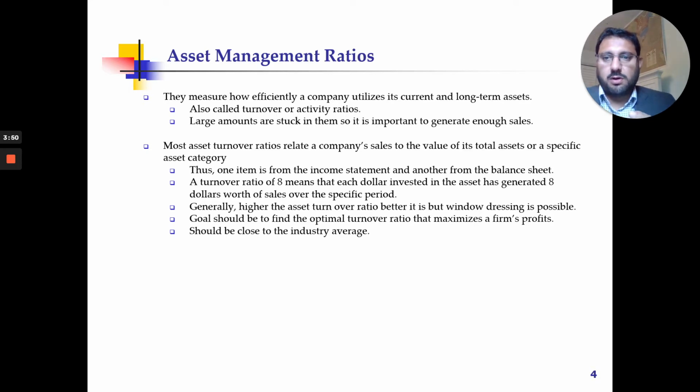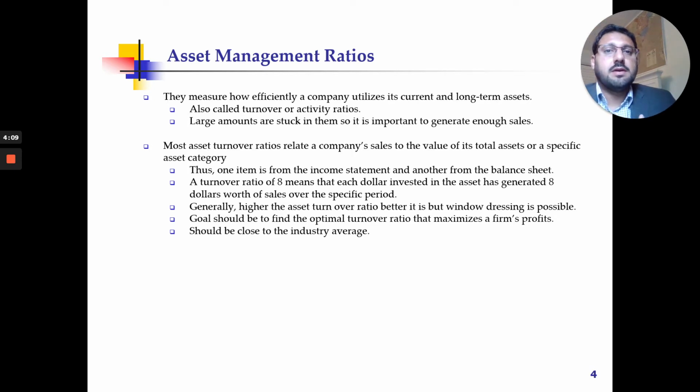Most of these turnover ratios relate the company's sales to the value of the total assets or a specific category of assets, for example the fixed assets, and we want to see how efficiently those are generating the sales.